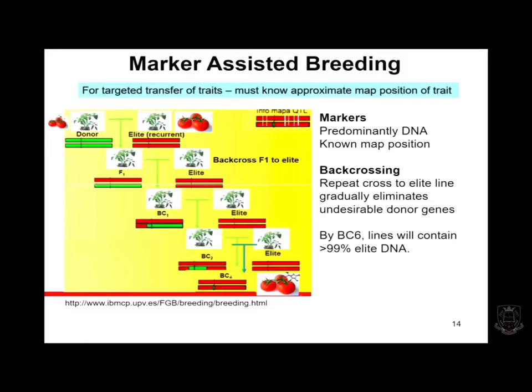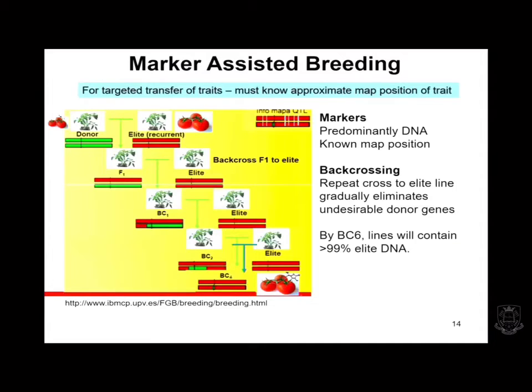Heterozygous at all loci. What you're trying to do through this process is eliminate as much of the donor genome as possible, whilst maintaining the trait, the loci that you want. So what you do is you do a back cross to your elite line.